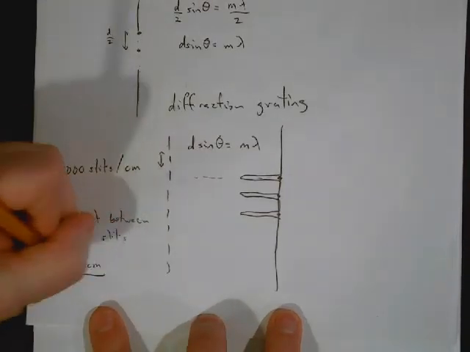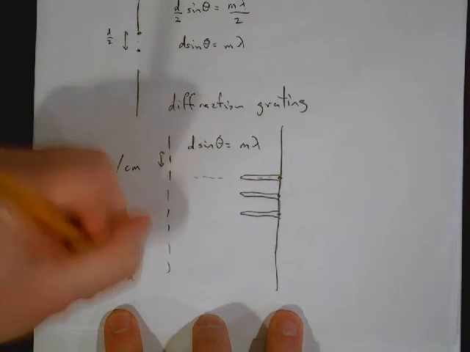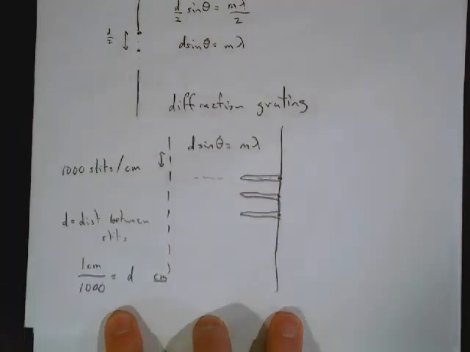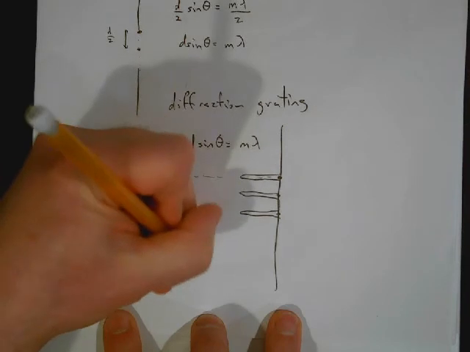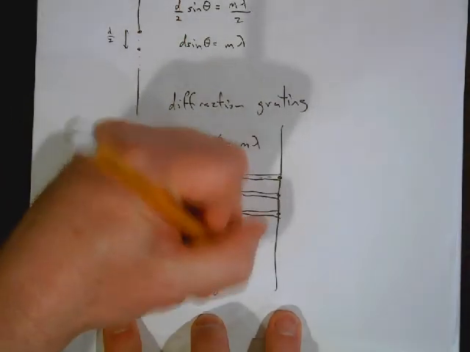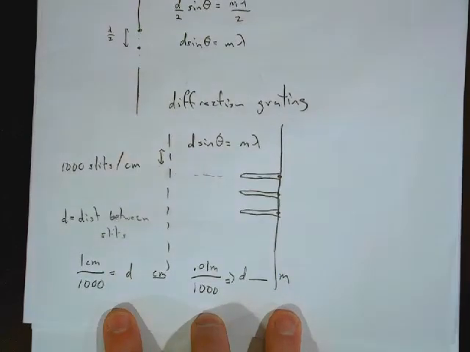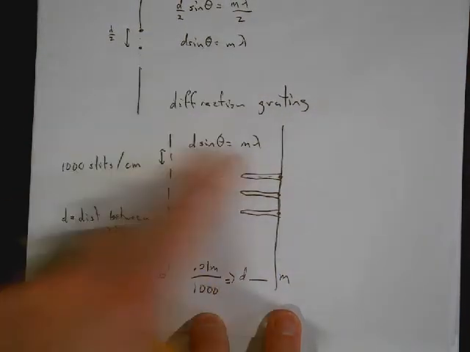So if I wanted to find d, I would set it up like this. 1 centimeter divided by 1,000 would tell me d if my d was in centimeters. If I wanted my d to be in meters, I would set it up as 0.01 meters divided by 1,000, and then I would get my d in meters.